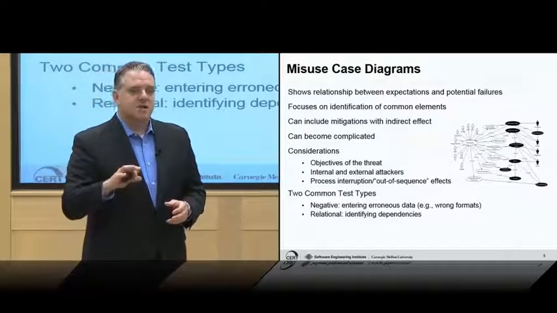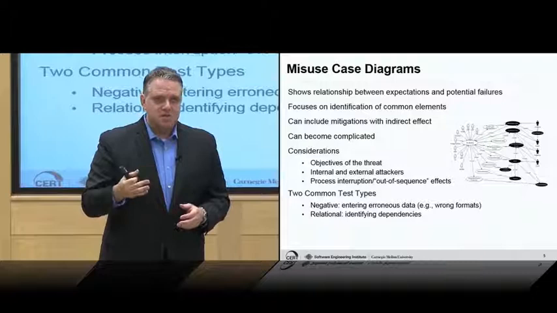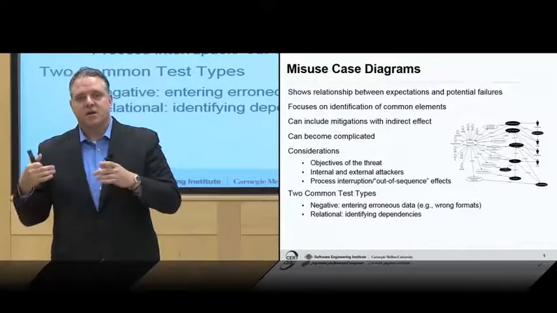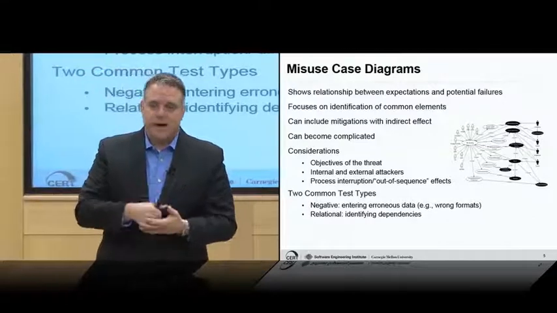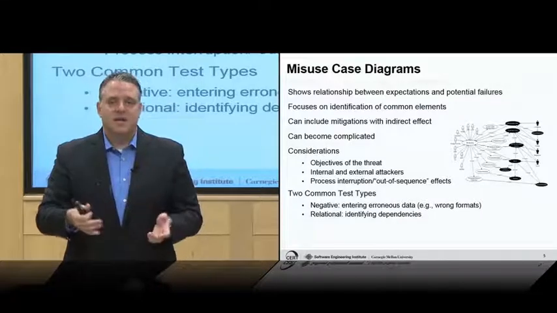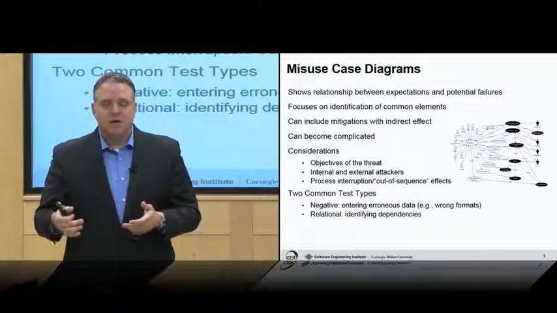There are two common types of tests using these misuse case diagrams. Negative testing, again, you're entering erroneous data, perhaps wrong format data, directly into the application and seeing how it would respond.